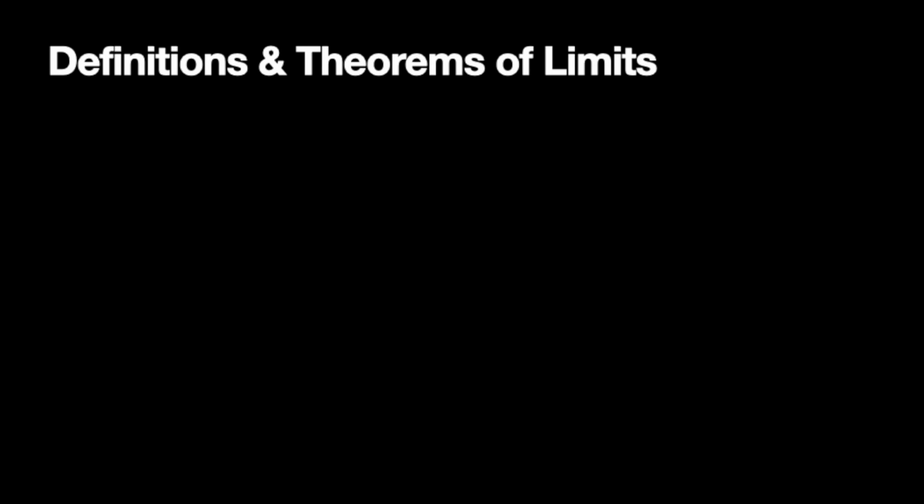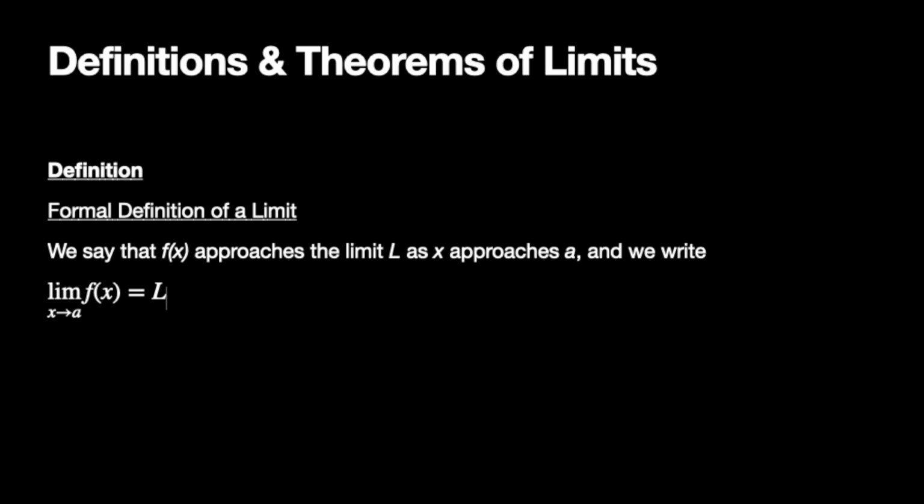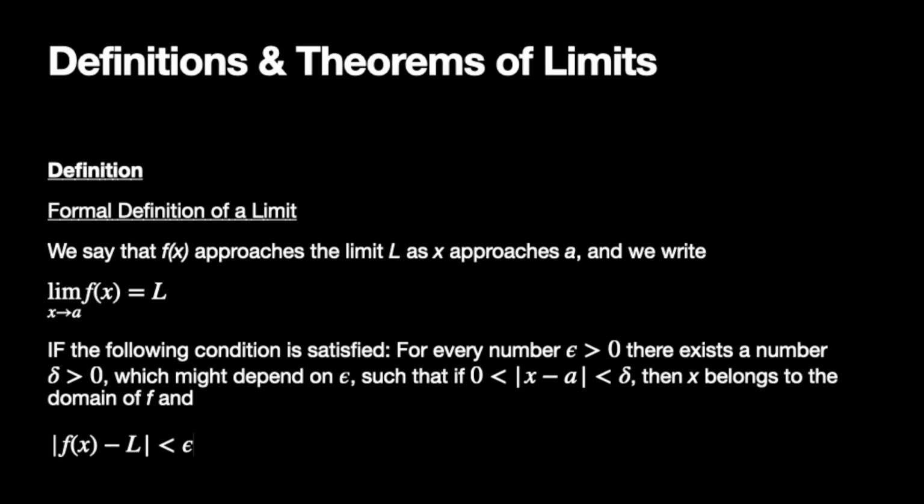Definitions and theorems of limits. Definition: formal definition of a limit. We say that f of x approaches the limit L as x approaches a, and we write the limit as x approaches a of f of x equals L, if the following condition is satisfied.